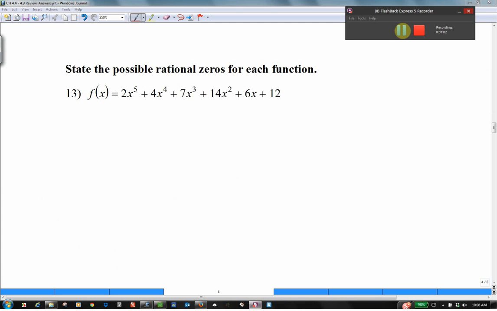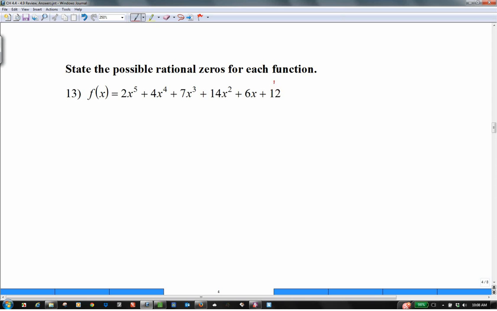This one is going to be one where it just says list the possible rational zeros. We don't have to solve anything. So what the possible rational zeros are going to be, here is P, here is Q. So the possible rational zeros are all the factors of P over all the factors of Q. So that would be a plus or minus 12 over a plus or minus 2.